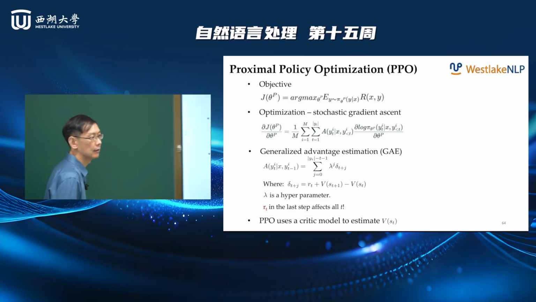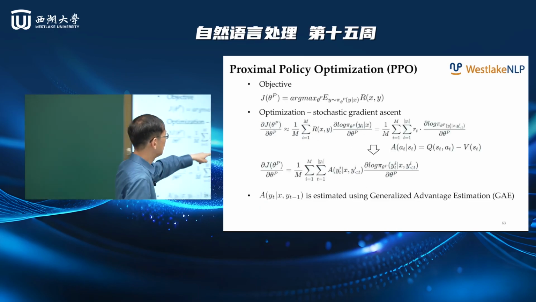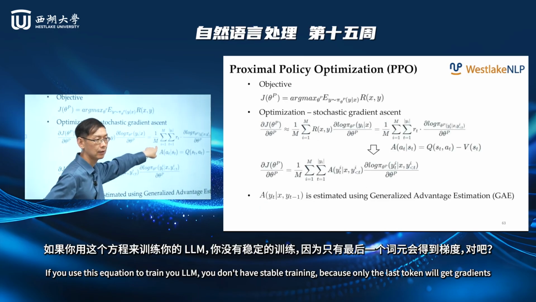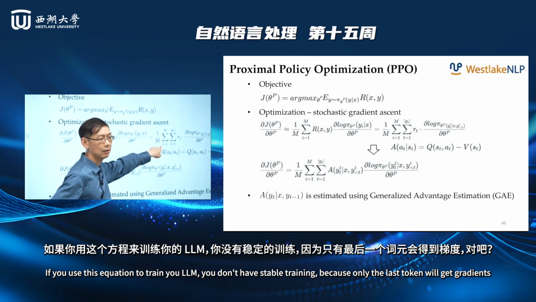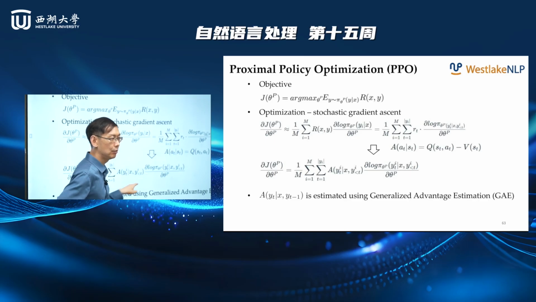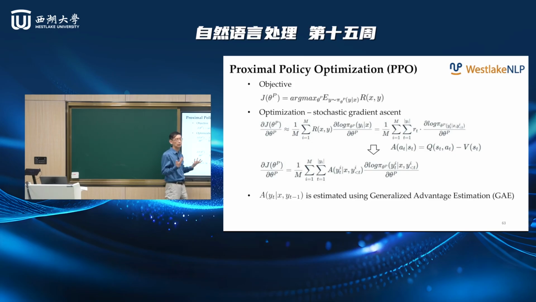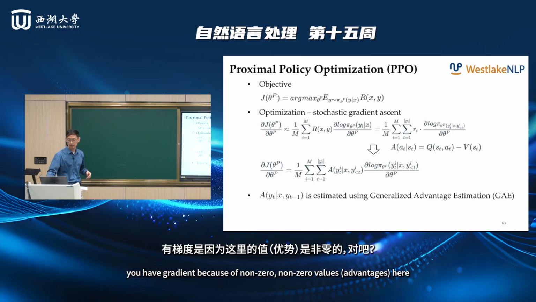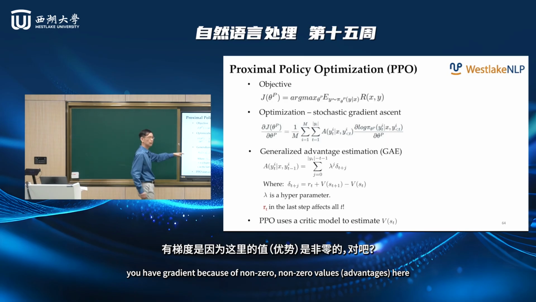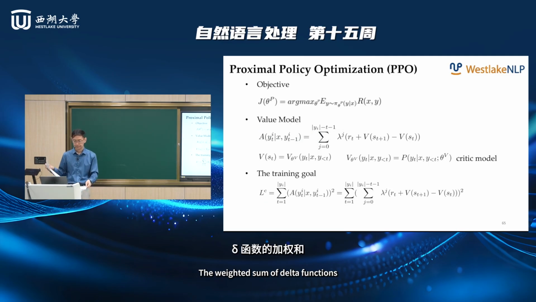So let's flip back to the previous slide. If you use this equation to train your LLM, you don't have stable training because only the last token will get gradients. But if you use this equation, every step you have gradient because of non-zero values here, the weighted sum of delta functions.